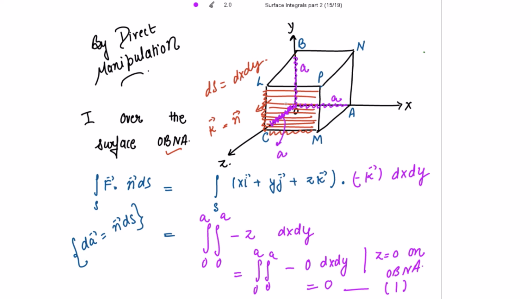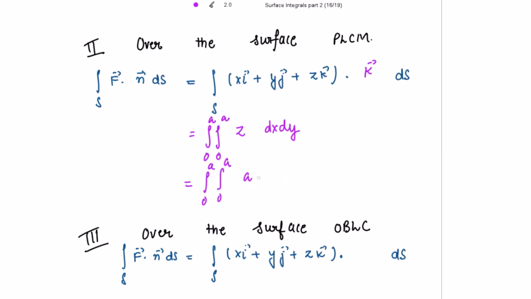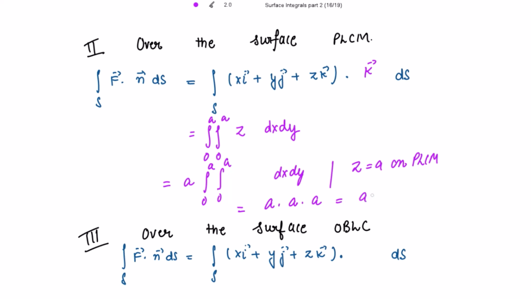So here on this surface z is equal to a. So writing here a dx dy as z is equal to a on PLCM, right? Taking this a outside, and when you solve this integral, you get a into a, which is equal to a cube.